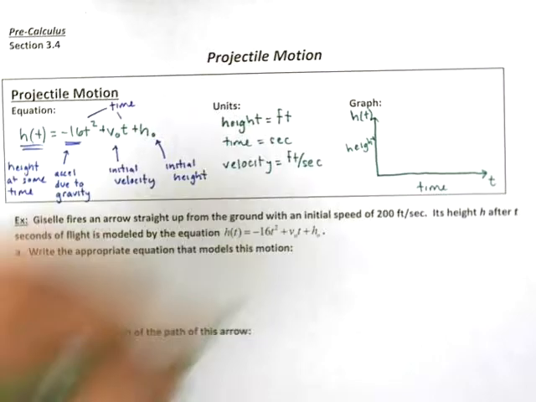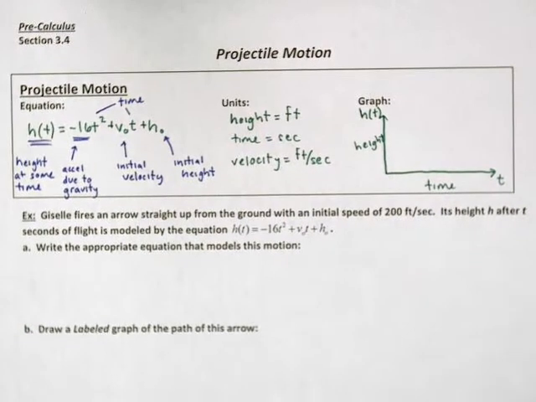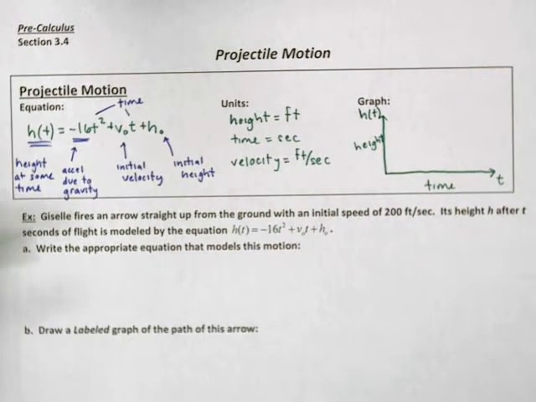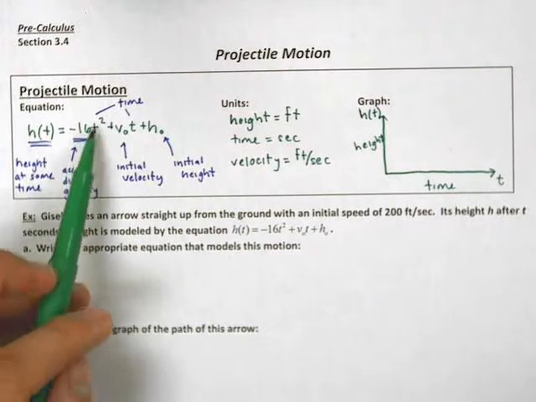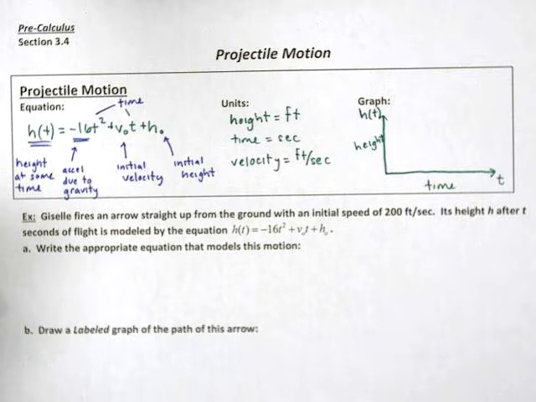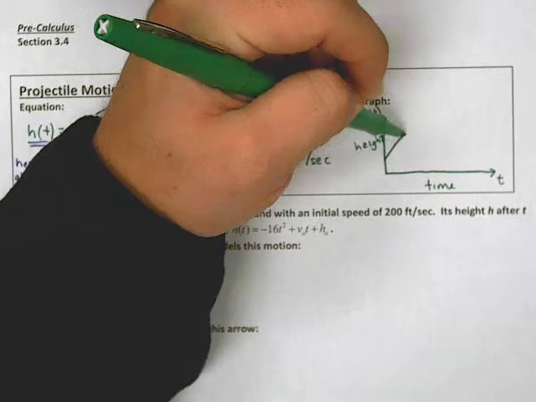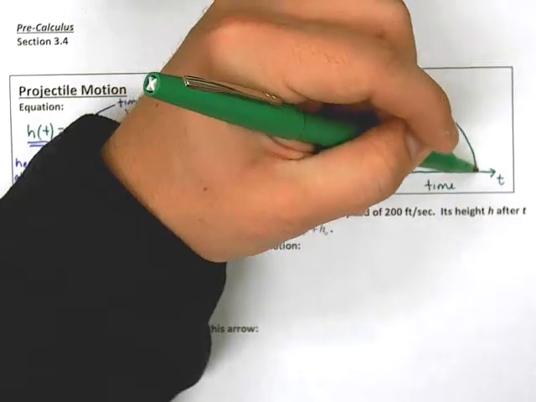And then the last thing, I want you guys to understand this, and hopefully this is starting to make sense to you, and maybe it made sense to you last chapter too. The a value, or the coefficient on t squared, was always negative. That's what allows it to open down. That's what we need. That's how projectile motion works. We start somewhere, we go up, up, up, and then we come back down.